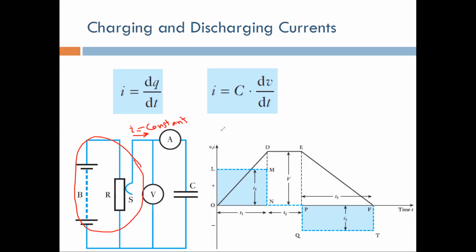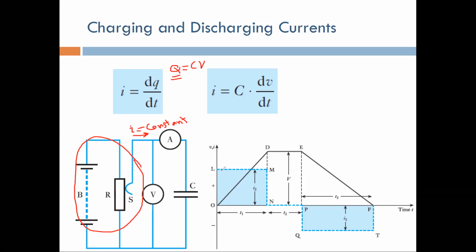As we all know, the current is equal to dq by dt. This is the definition of the current. Given that Q is equal to C times V, if you take the derivative of the charge, you end up with I equal to C dV by dt.